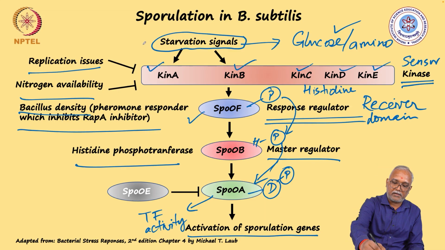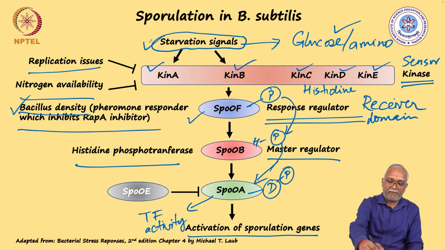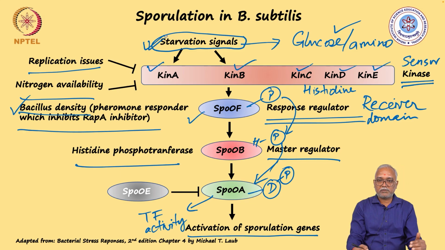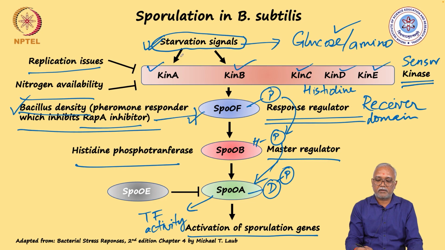Some of the feedback mechanisms are here, where you have the concentration of the bacteria in the medium, the availability of nutrient and so on. Also, at multiple levels there is regulation, like here the Bacillus density and the inhibitor works on Spo0F rather than working on the receptor. So you can manage the signaling event at different steps.